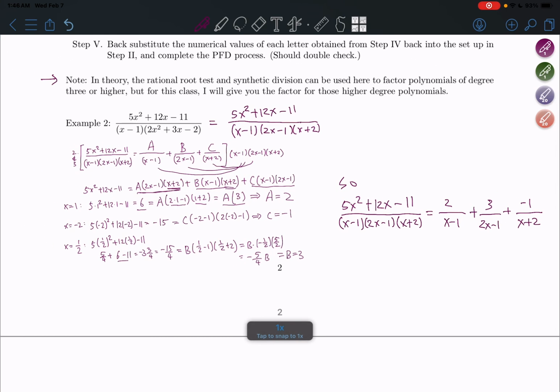Okay? And that is the end of my partial fraction decomposition. Again, it is definitely worth your while to multiply this back in, but this right here is the right factor.